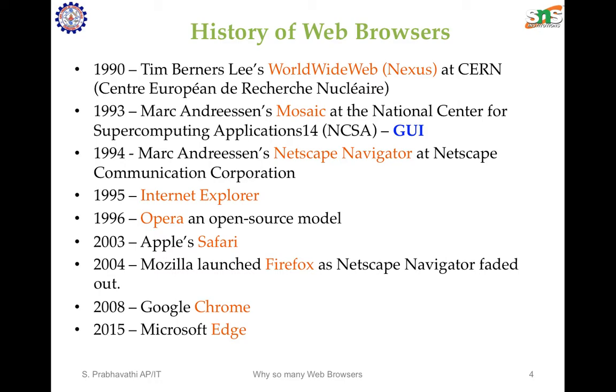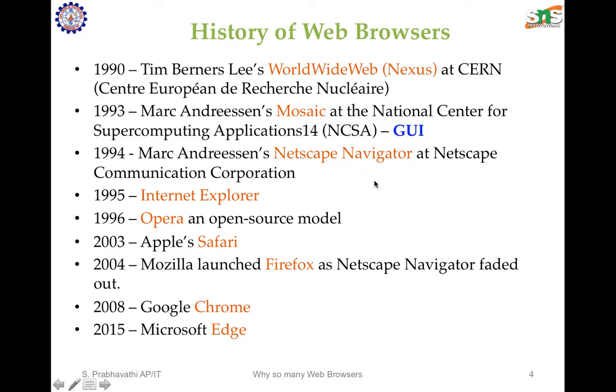Netscape 1 was succeeded by Netscape 2 supporting JavaScript, followed by Netscape 3 in 1996, which supported mouse over features. Mouse over means when we keep the mouse on some image or something else, it will display what that image is, something like a tooltip.